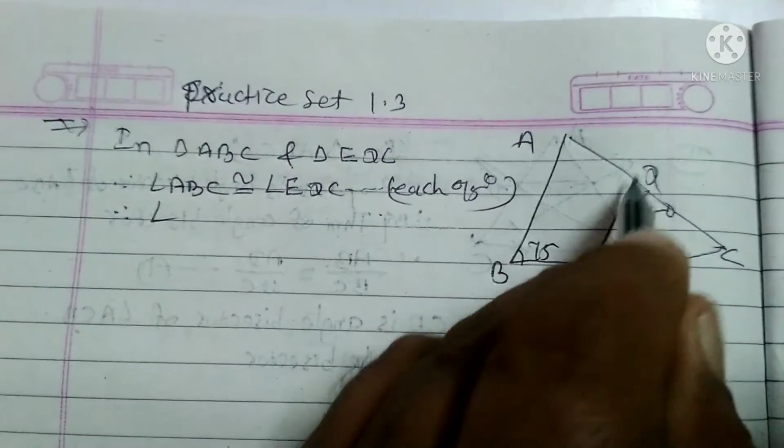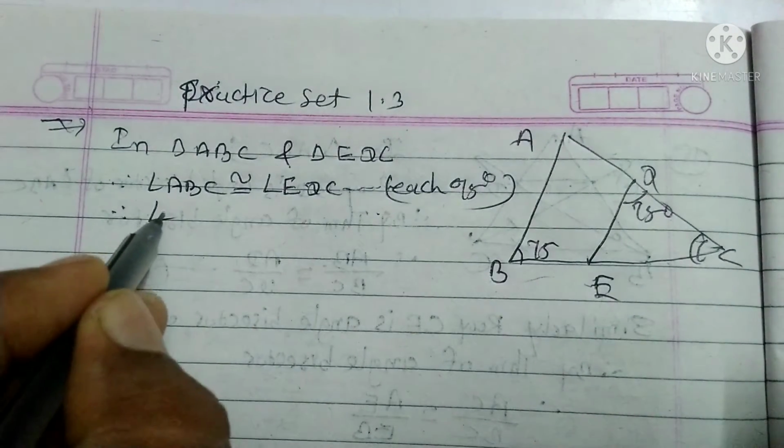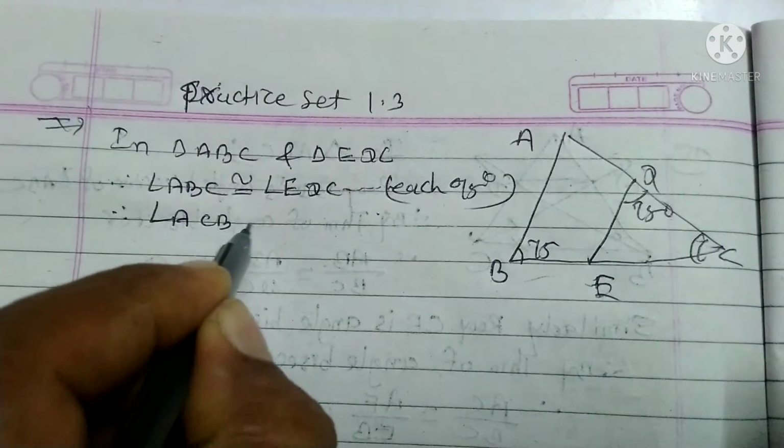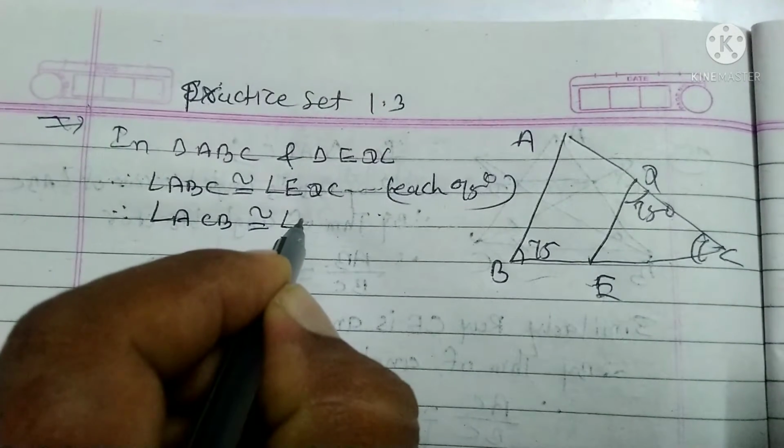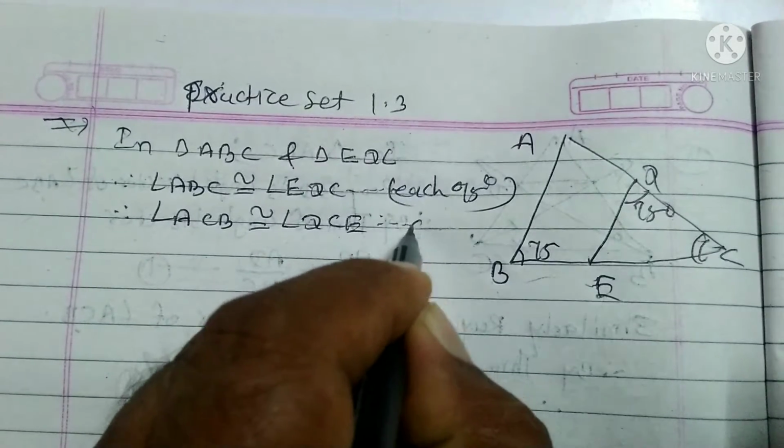In this triangle and in this triangle, angle C is the common angle. So angle ACB is congruent to angle DCE, or ACD. This is a common angle.